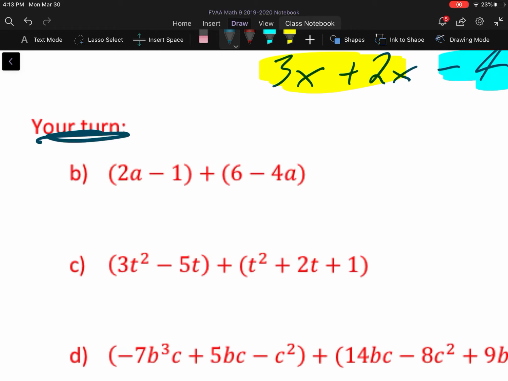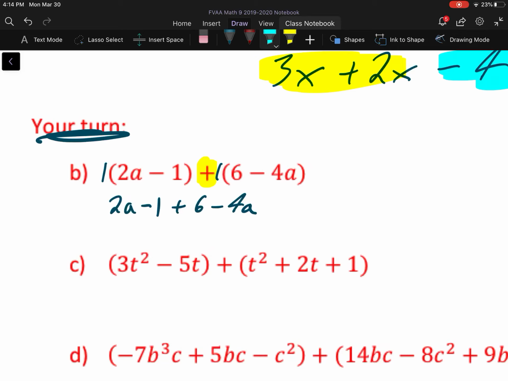Again, because these polynomials are being added together by that plus sign, I'm multiplying positive 1 to both brackets, which means I end up just getting rid of both brackets, because 1 times any number is just that number. So I end up with 2a minus 1 plus 6 minus 4a. Then I want to combine my like terms.